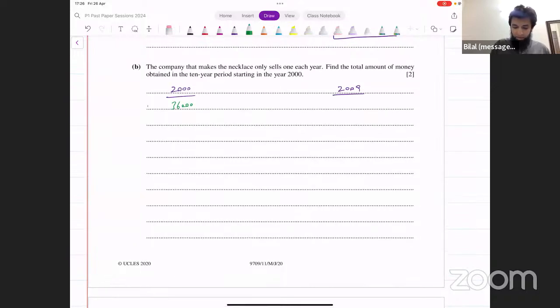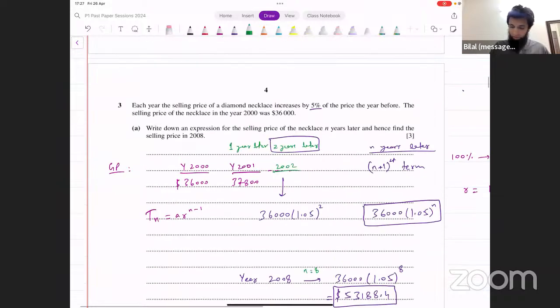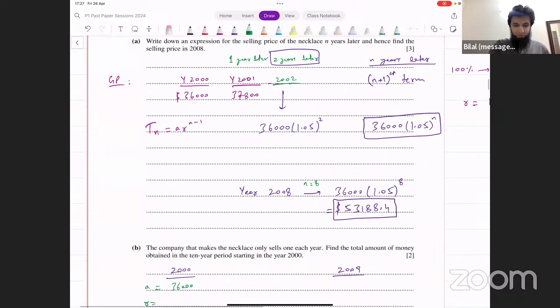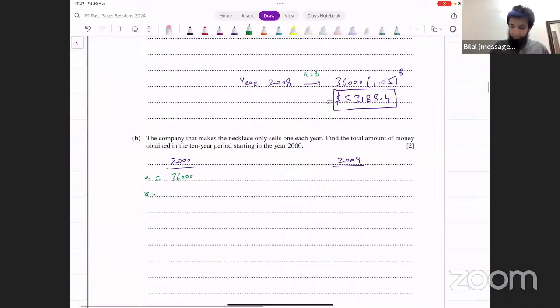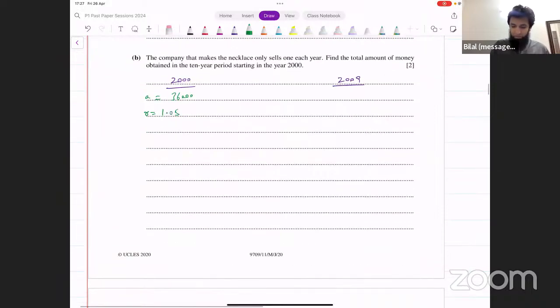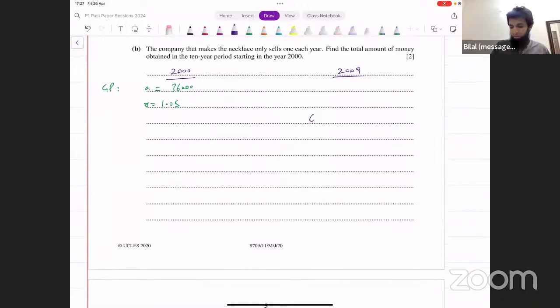And we know that this is the first term, and we know that the ratio is 1.05. That was the ratio that we found earlier. It's a geometric progression. What's the formula that we use for that? The sum formula for a GP.